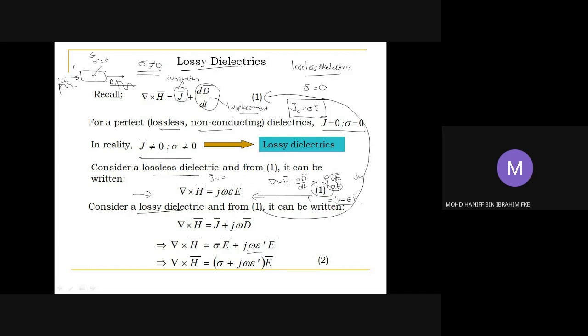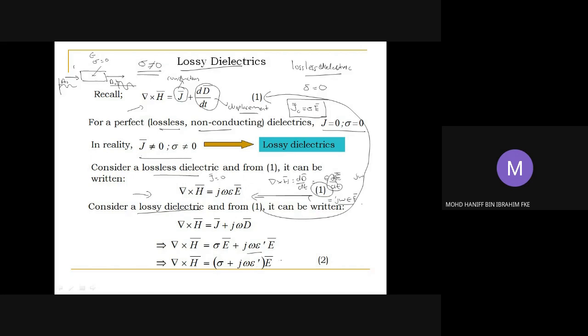Okay, we can group this together and take out the E field from this equation. As such, for the case of lossy medium, the Maxwell equation will become curl of H equals to sigma plus j omega epsilon prime multiplied with the E field.